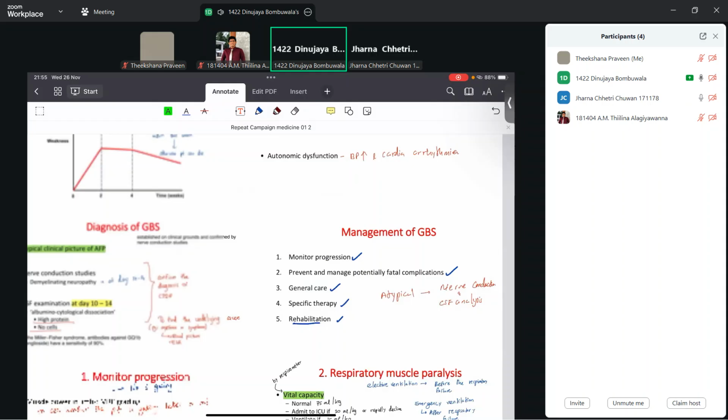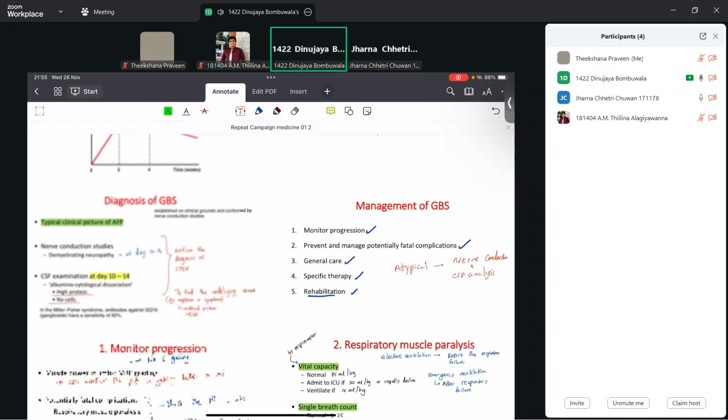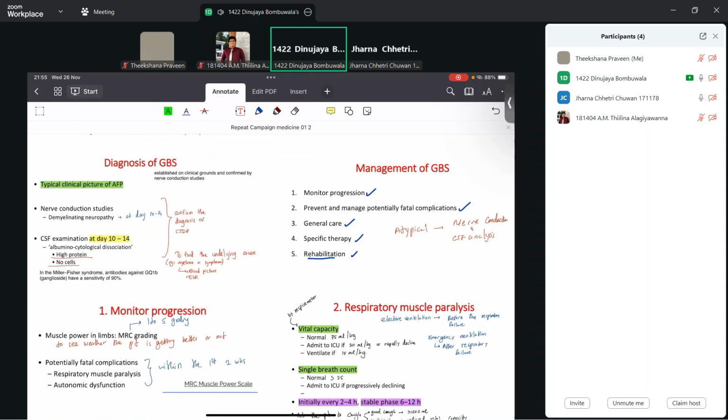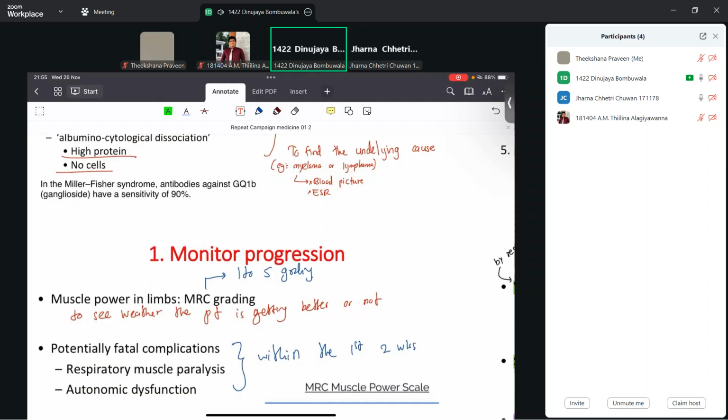Progression wise, we know that there are two dreaded complications which can occur: respiratory muscle paralysis and autonomic dysfunction. For that, we have to check muscle strength. We can check the limb power in the usual way, and also one thing our consultant did was, we had a patient in the ward.